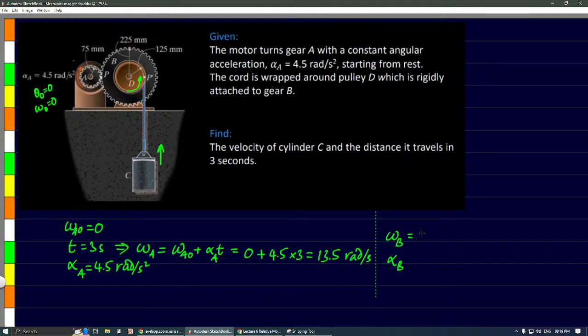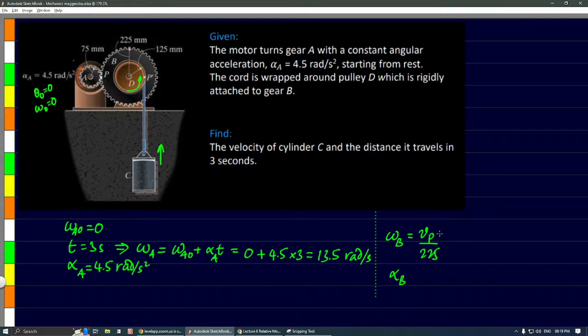Omega B will be velocity of P divided by radius, no? Which radius? This radius of P, 225, right? Velocity of P by that radius is omega B.